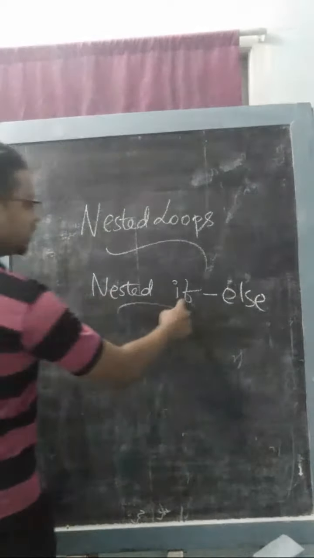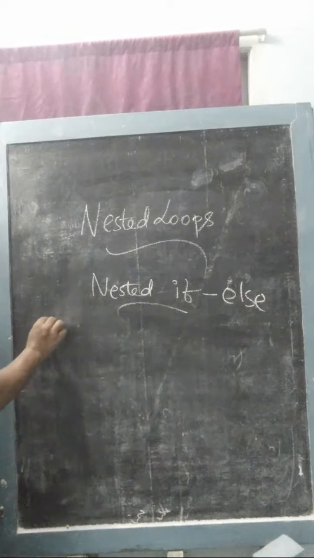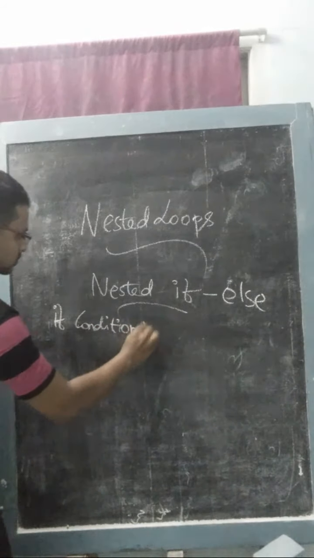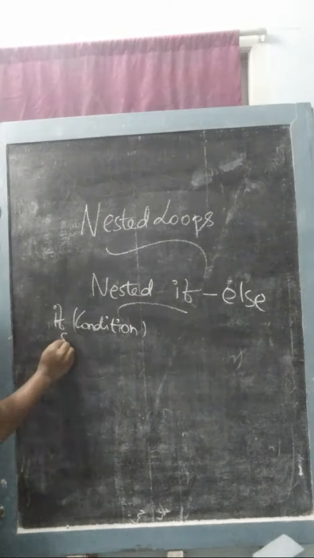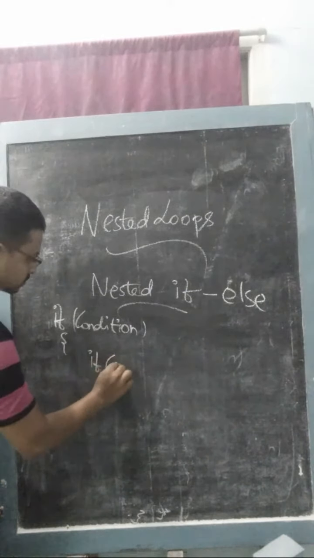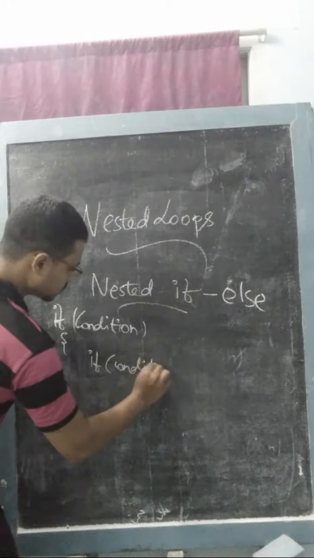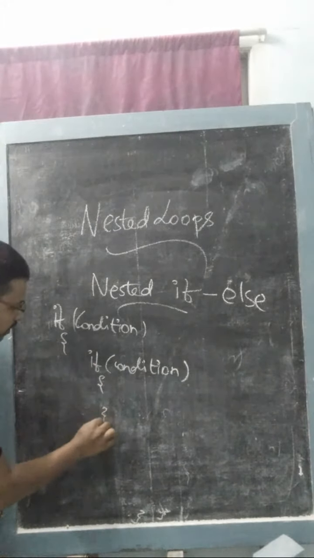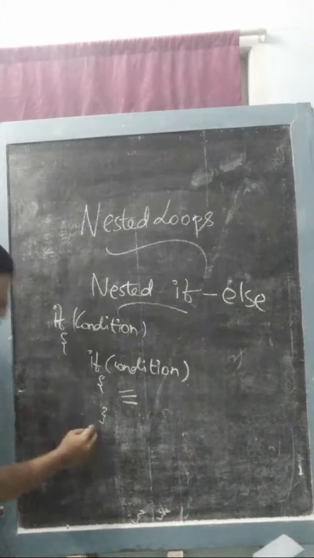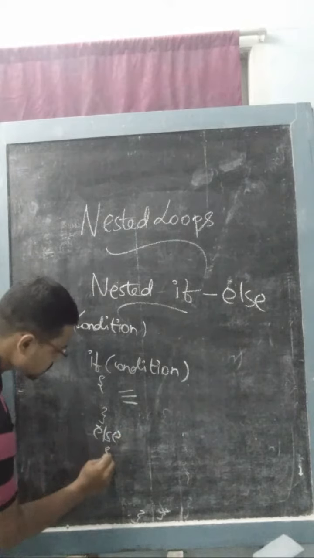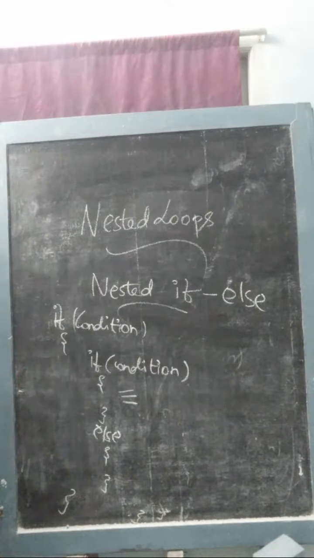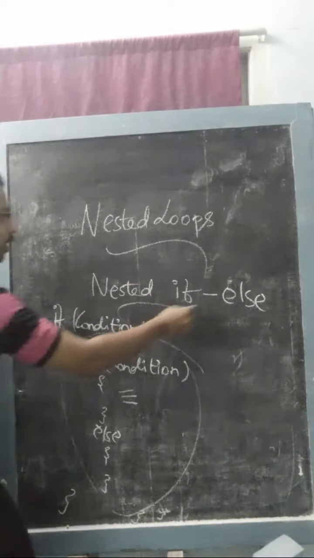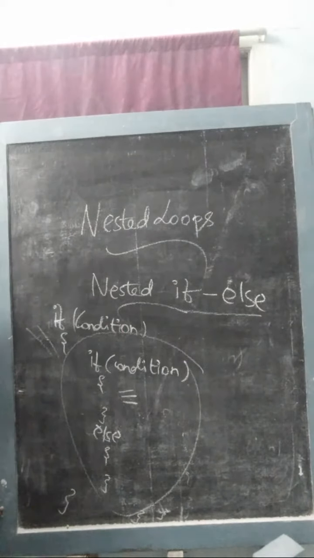Okay. Nested if else. So how nested if else looks: an if condition, and then an if inside another if. The if consists of a block of code, and the else should be inside it. An if else inside another if is called nested if else.